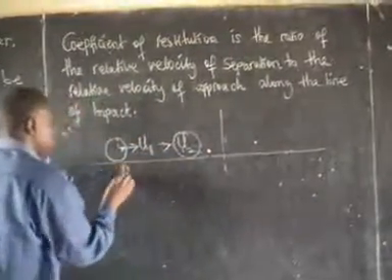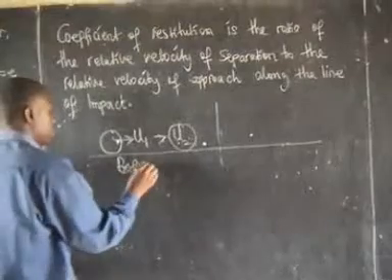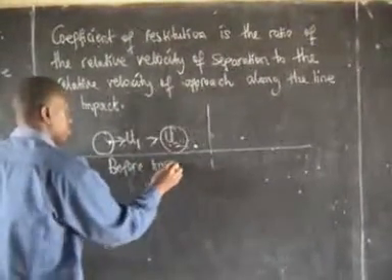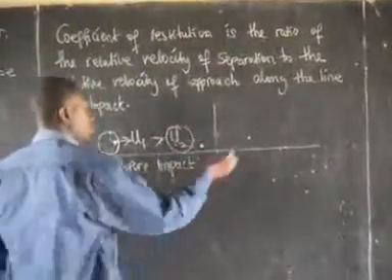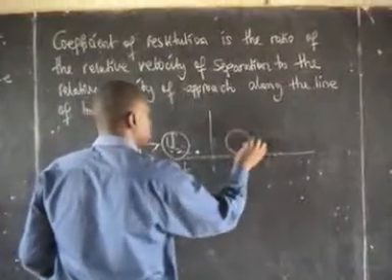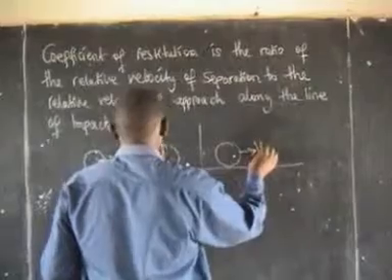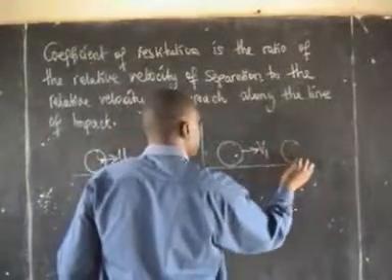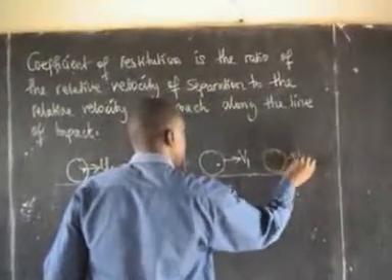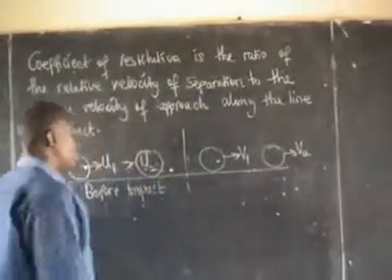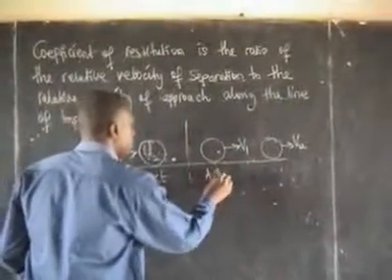This is before impact. If after impact these bodies move with velocities v1 and v2, this is after impact.